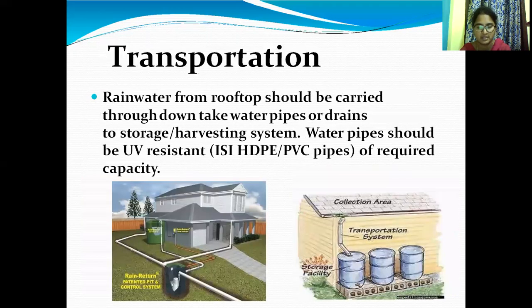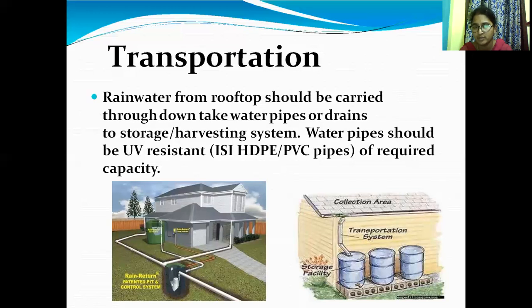So these are the figures. And the next one is transportation. What is transportation? The rainwater from rooftops is transported via gutters or channels to the storage or harvesting system.